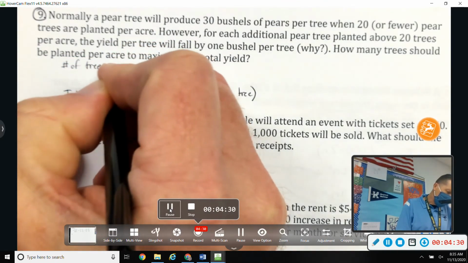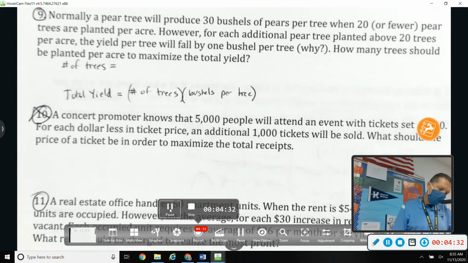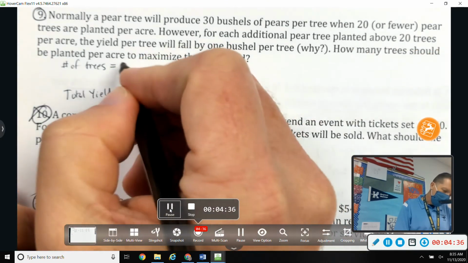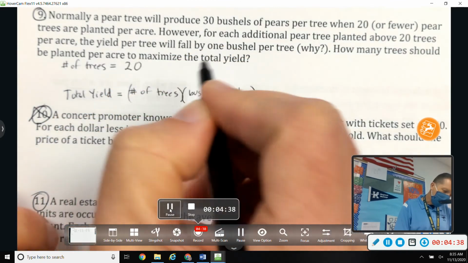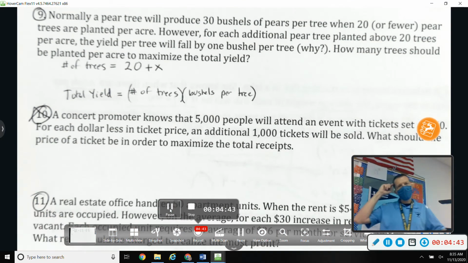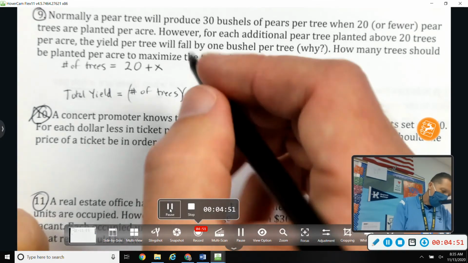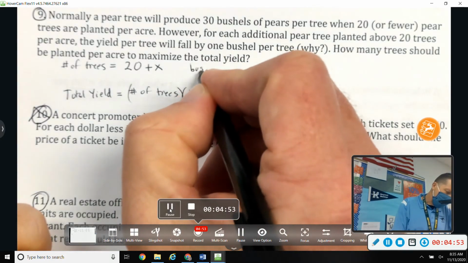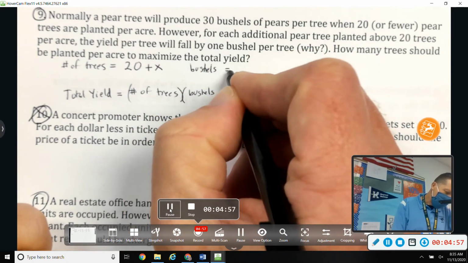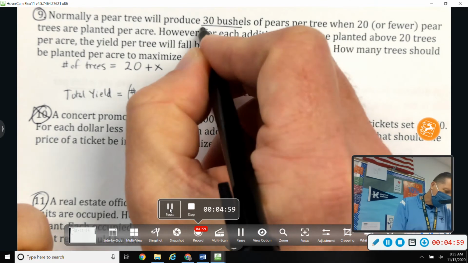So the number of trees, let's see. Well, it starts at 20, and we'd like to add some trees to that. We don't know how many trees, but we'd like to add some trees because more trees means more pears, generally. The bushels per tree is normally 30.